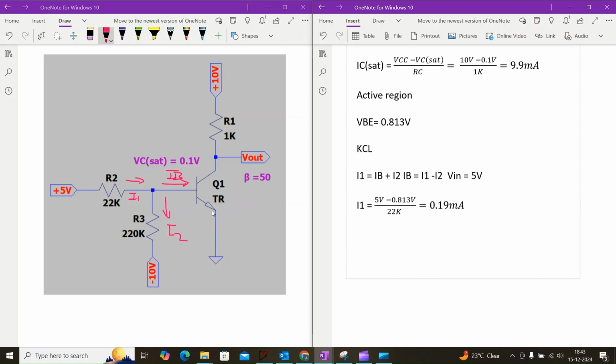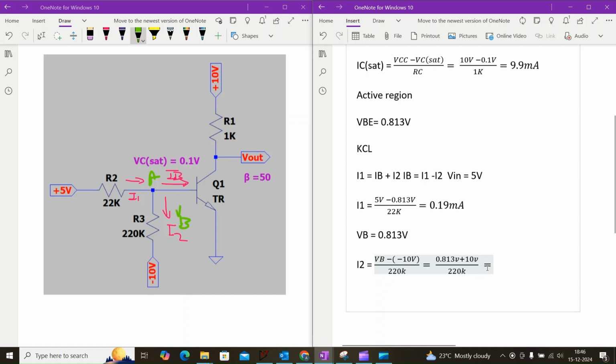Here, the emitter terminal of the transistor is connected to the ground, so that we can consider voltage at this node as VB, which is equal to 0.813 volt. So that I2 is equal to VB minus of minus 10 volt divided by 220 kilo ohm, which is equal to 0.813 volt plus 10 volt divided by 220 kilo ohm, which is equal to 0.049 milliamps.